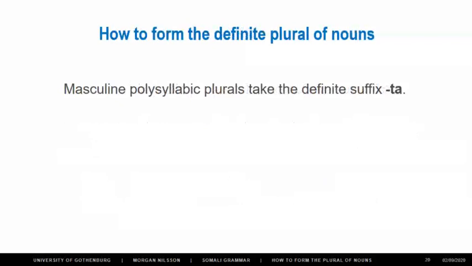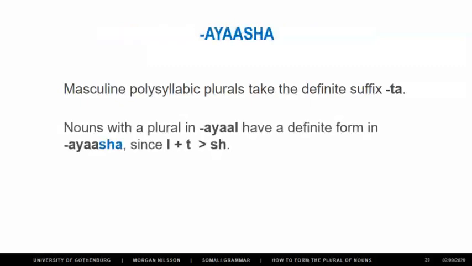Then we move on to the masculine nouns that have longer plural forms, polysyllabic, more than two syllables in the plural form. And these nouns take the definite suffix ta. First of all, we have a large group of masculine nouns that have the plural suffix ayal. And these nouns take the definite suffix ta, but because l and t merge into sh, we have a disguised suffix in this definite plural.